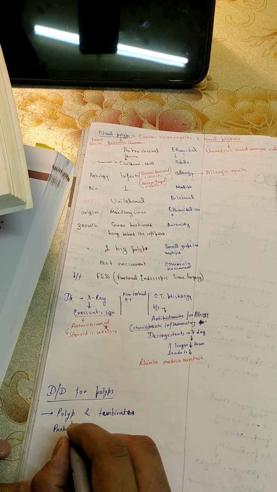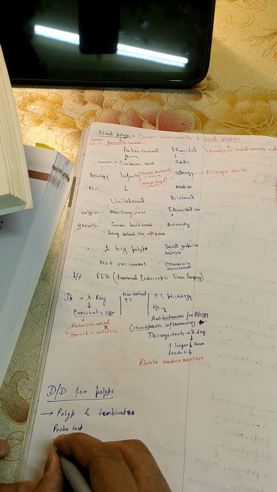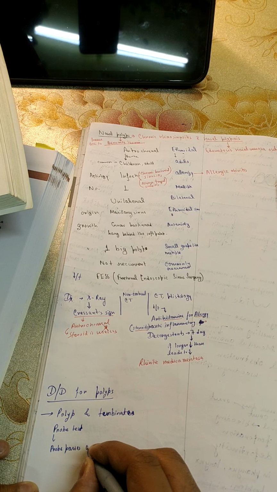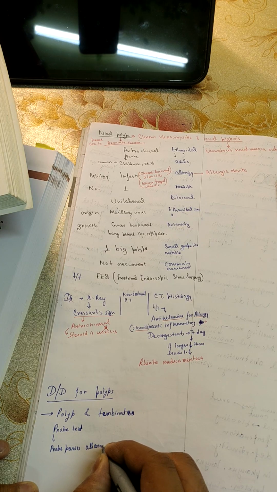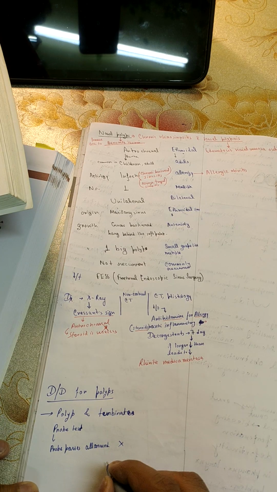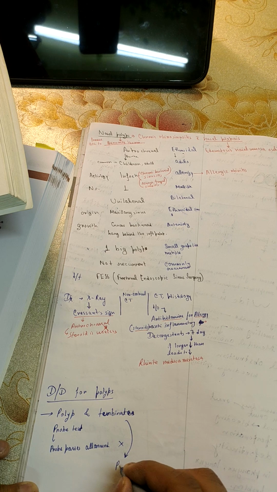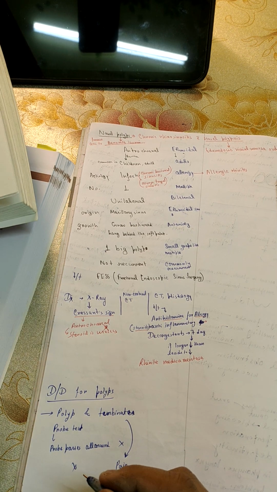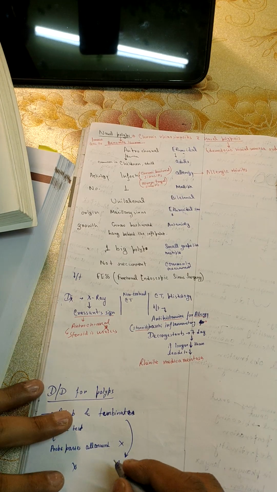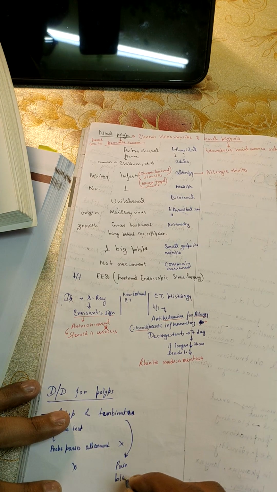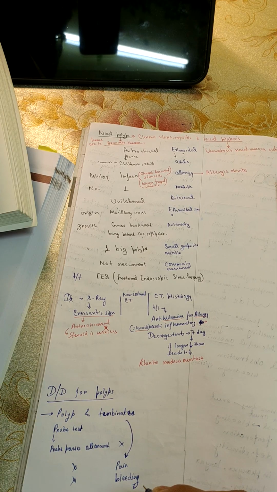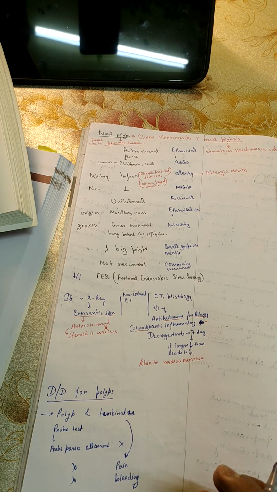Here the probe passes all around, here it doesn't, but here pain occurs, and along with pain bleeding also occurs. In polyp nothing happens. So this is the first one.